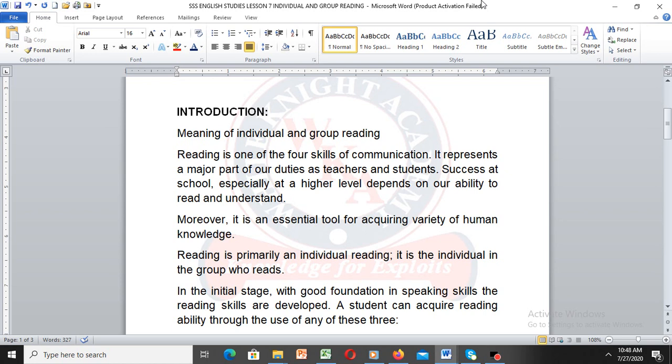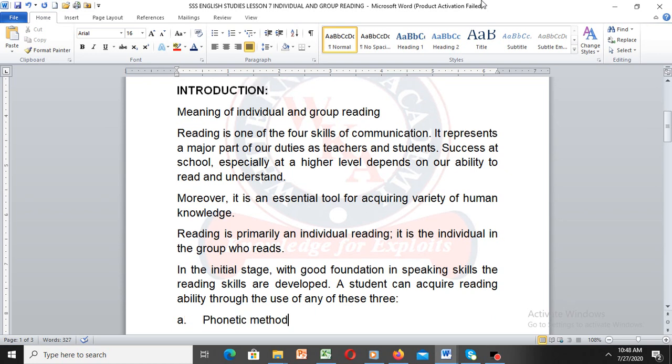Reading is primarily an individual activity. It is the individual in the group who reads. In the initial stage, with a good foundation in speaking skills, the reading skills are developed.